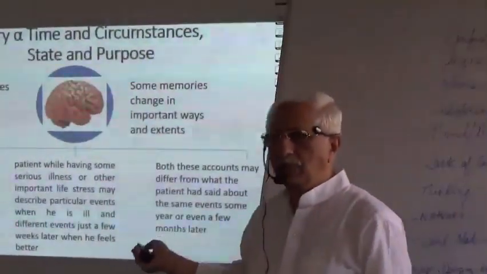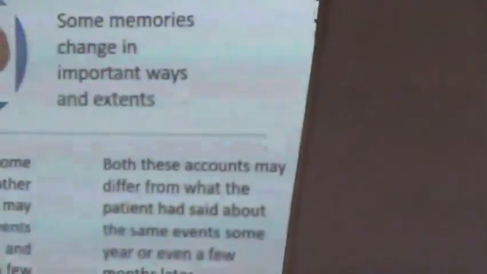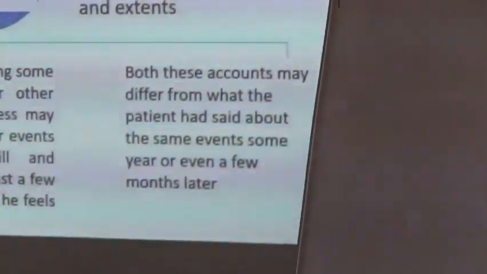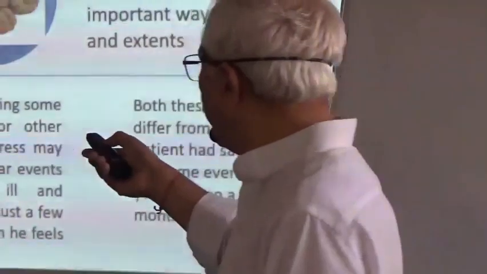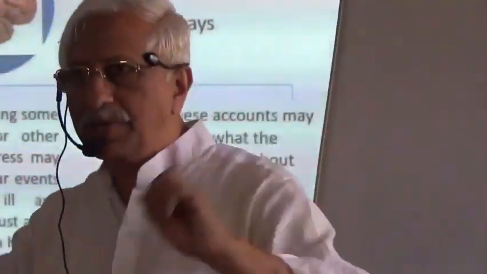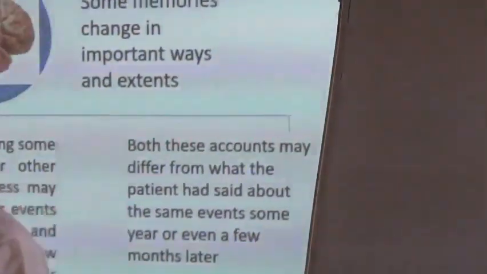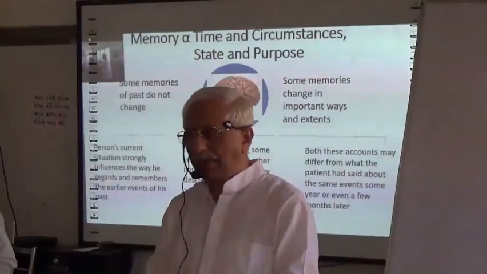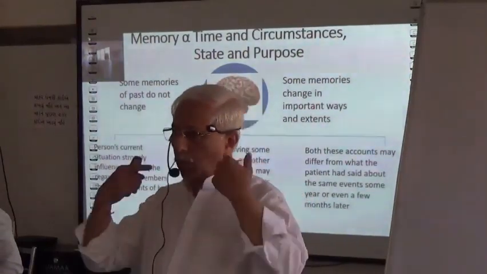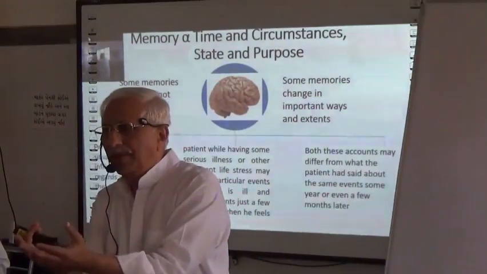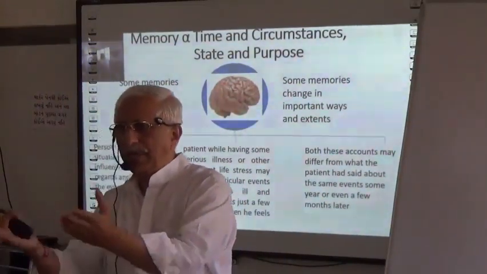Now, what are the two different situations I have put across? Number one is the current scenario, the circumstances, which gives an impact on the patient. Another one is the patient's own suffering and the purpose that gives a different narration.